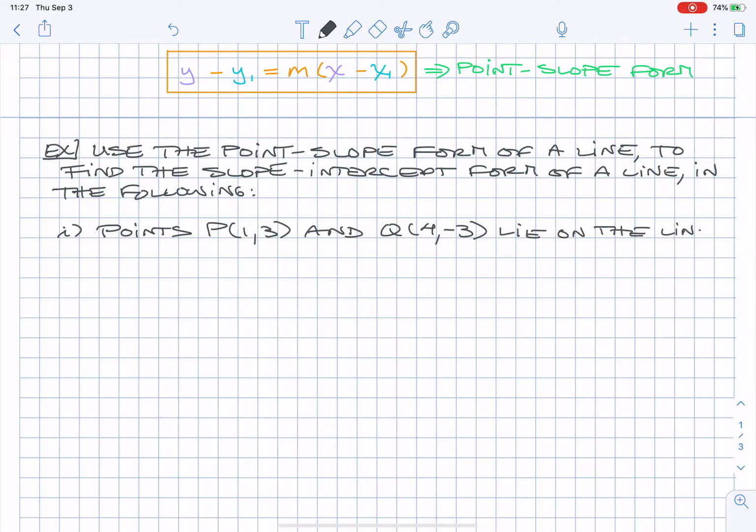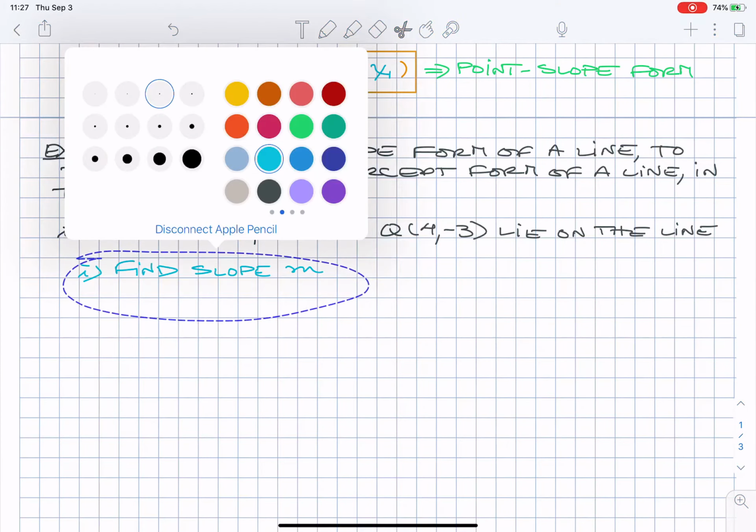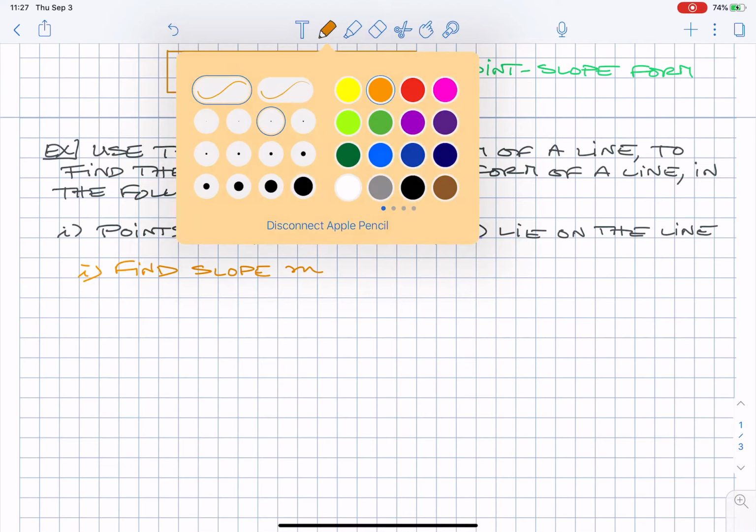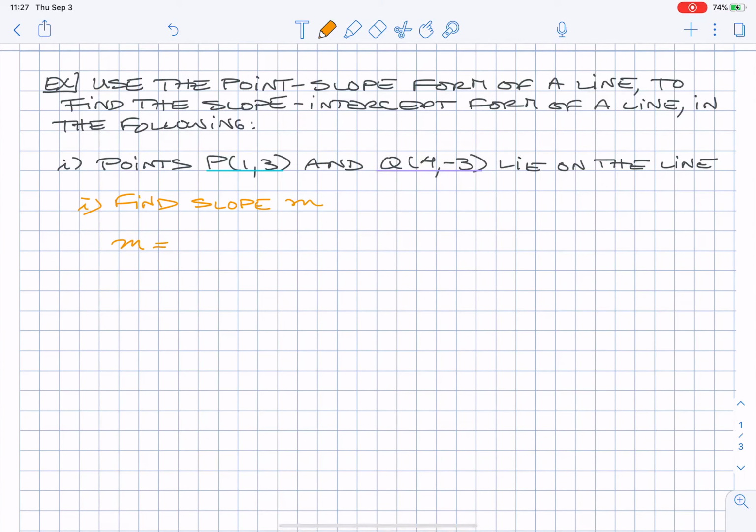Okay, so the first thing we want to do is find the slope m. Maybe I will do that in orange. Okay, so let's call point P the blue guy and point Q the purple guy. So I claim that the slope m, which I know is y2 minus y1 over x2 minus x1.